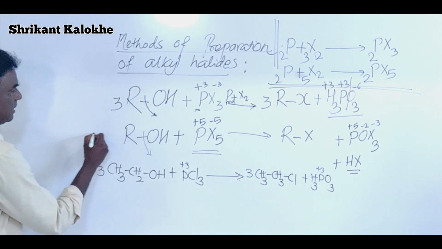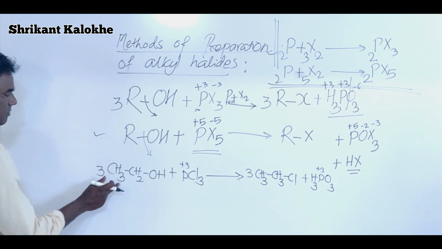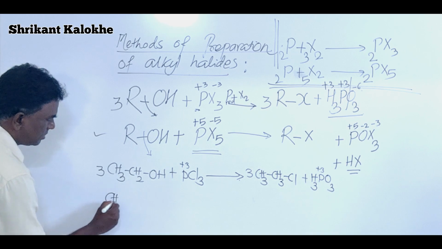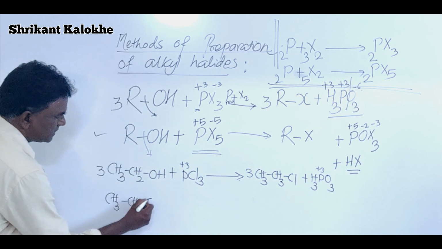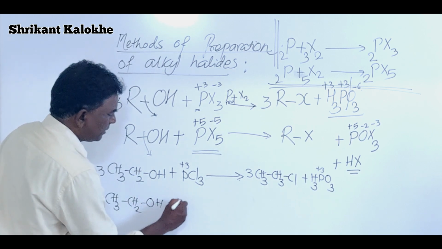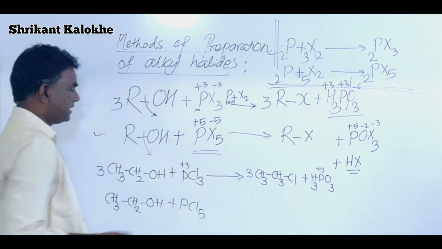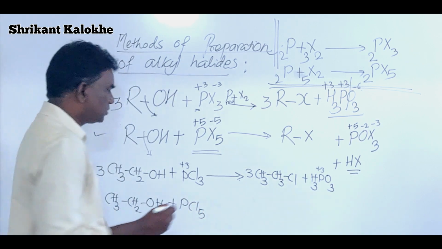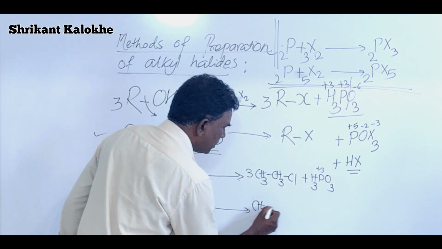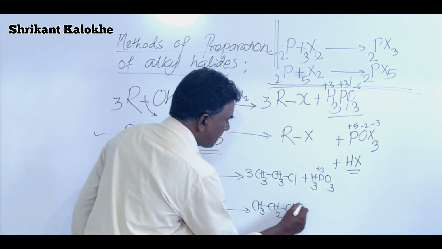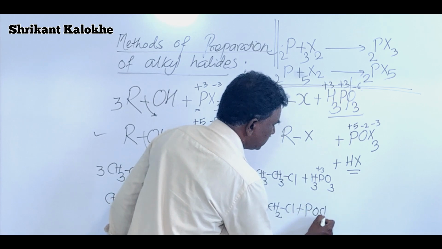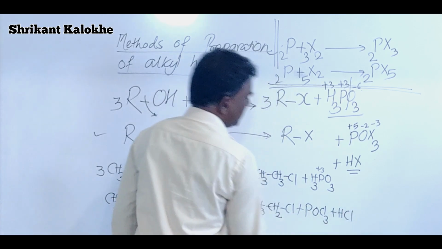In the second case, we can apply the same ethyl alcohol and see the reaction. By applying this specific alcohol in this general reaction, when ethyl alcohol reacts with phosphorus pentachloride, you can take pentabromide also, and you will get 1 molecule of ethyl chloride plus 1 molecule of phosphoryl chloride plus 1 molecule of HCl.